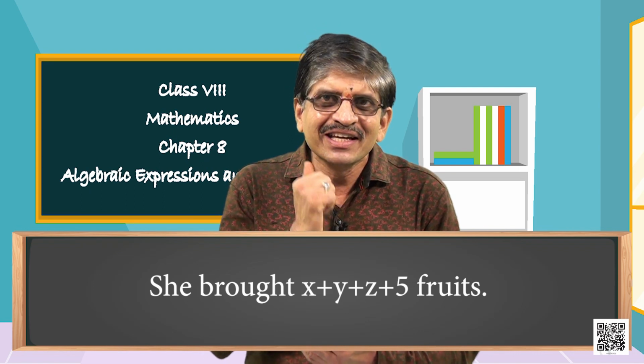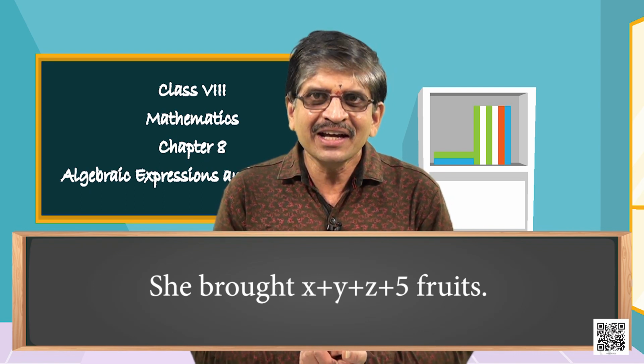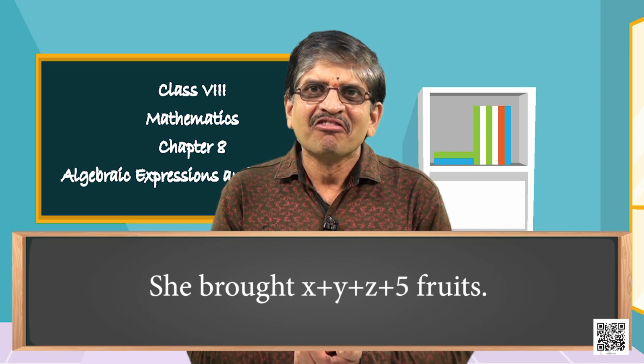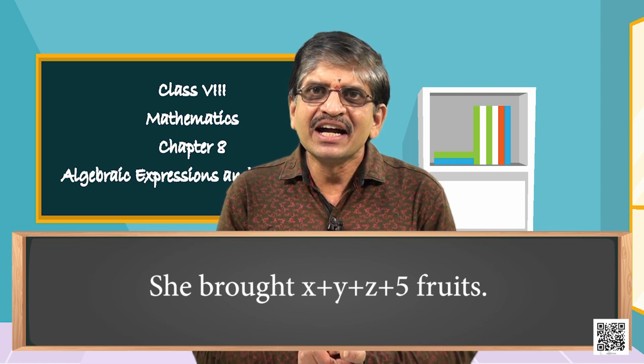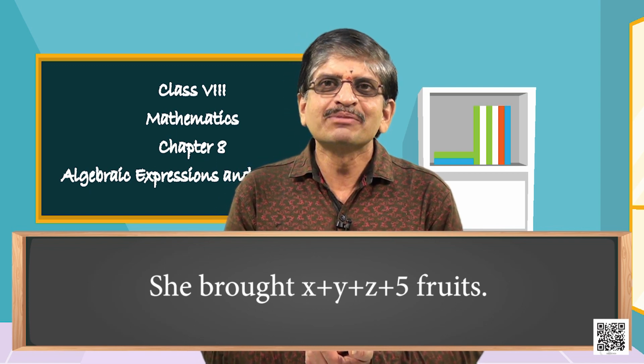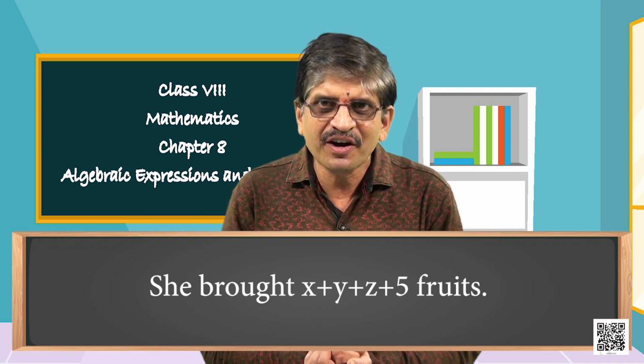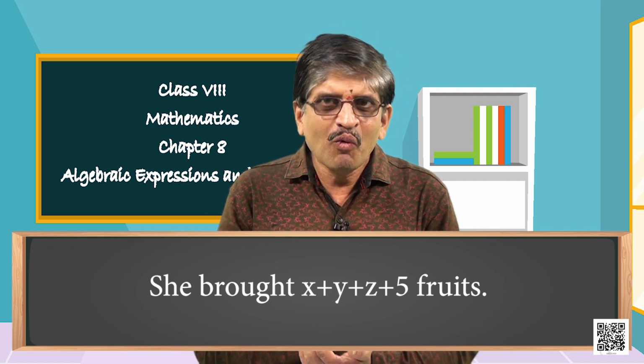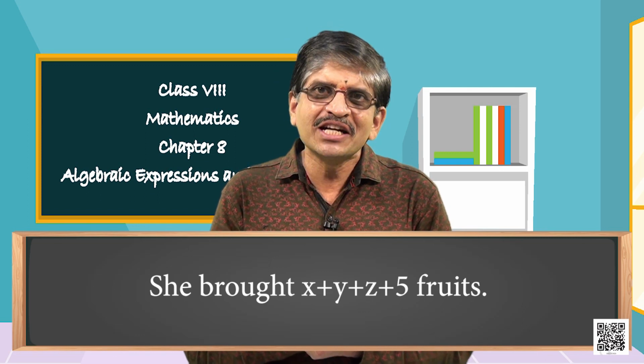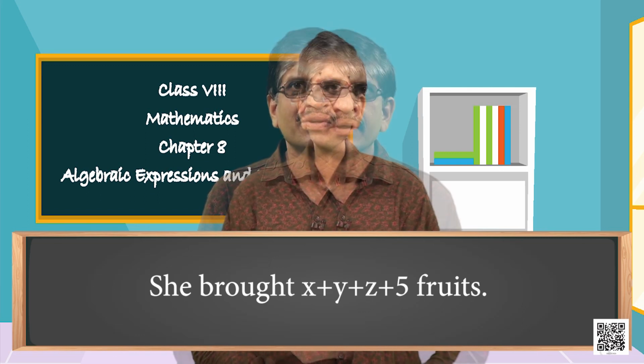How did you get this? By adding X, Y, Z and 5 you got X plus Y plus Z plus 5. Do you know what you call this X plus Y plus Z plus 5? Good.